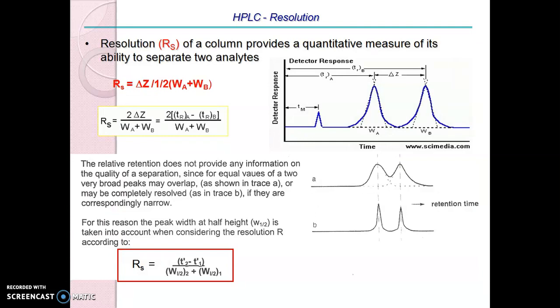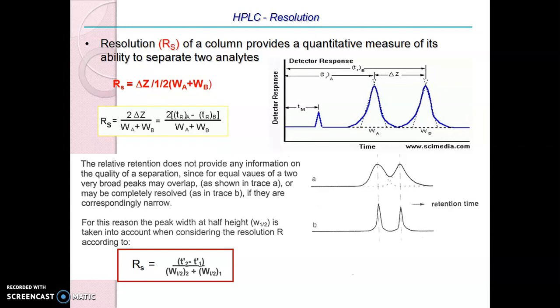Now we are going to see the first system suitability parameter, that is resolution, indicated by RS. Resolution is one of the most important parameters. It is used to check whether a critical separation is feasible under the given conditions or not.